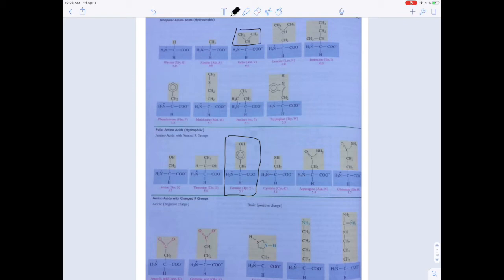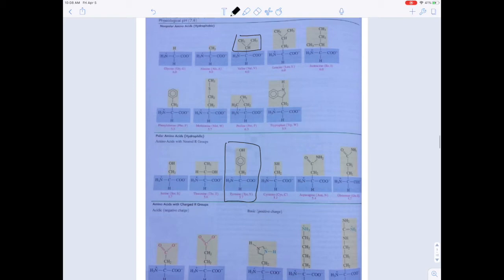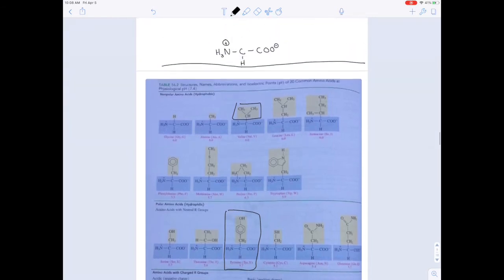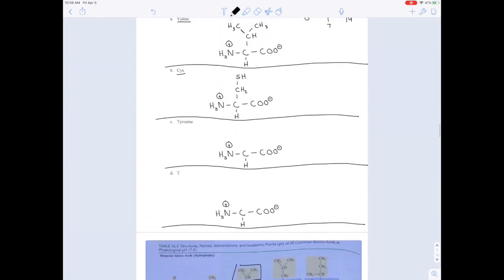So tyrosine has a CH2 and then that benzene ring, and then an OH on it. So the CH2, and then you could kind of think of it as having a phenol. So CH2, then the benzene ring, and then the OH on top.